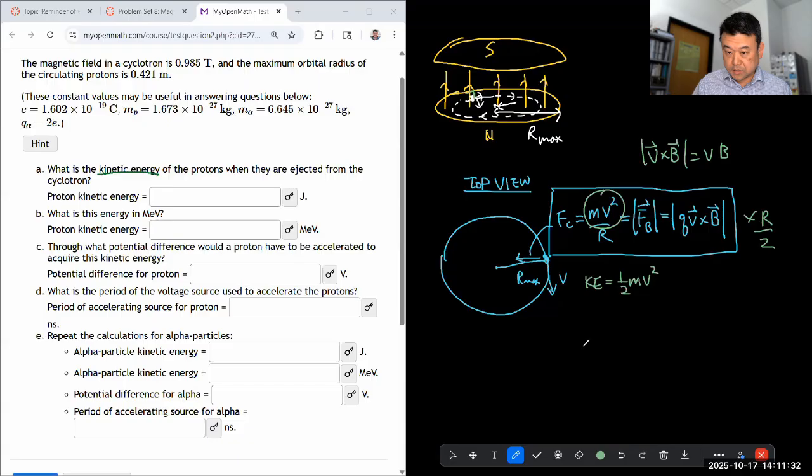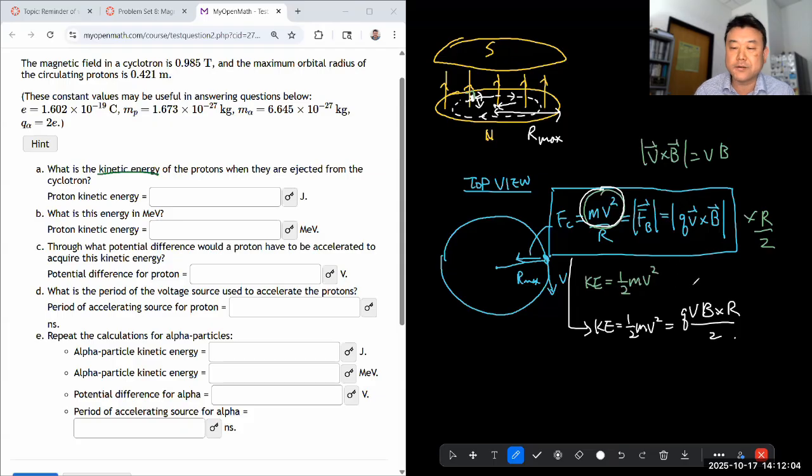So let me do this quick bit of algebra. Doing that gets me kinetic energy equal to 1/2 mv squared, which comes from this term, multiplied by r to get rid of r in the denominator, divided by 2 to get 1/2, and I write down the right hand side, which is the amount of charge, VB, times r divided by 2. And I think all the numbers here, oh wait, I shouldn't have done it that way, sorry, that was my bad.